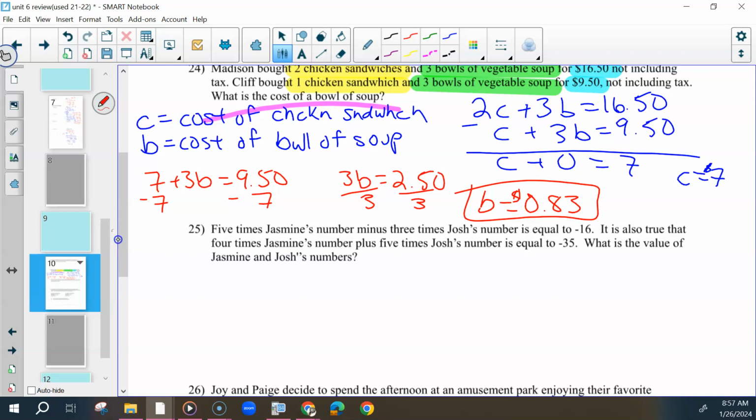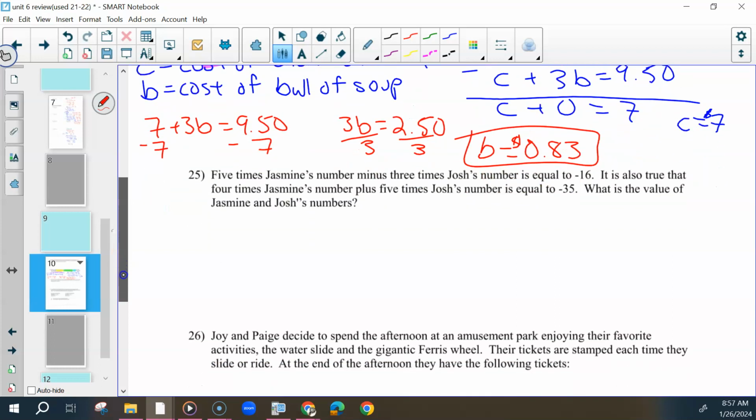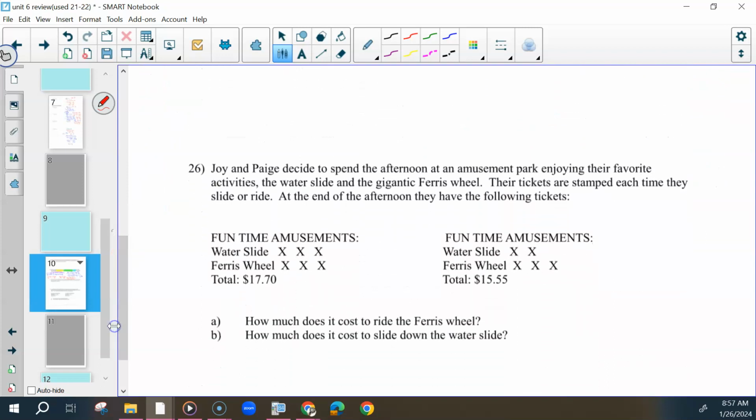Do we want to see the setup of any other problem? All the more problems. 6 and 26. So most of the important information there is in here.